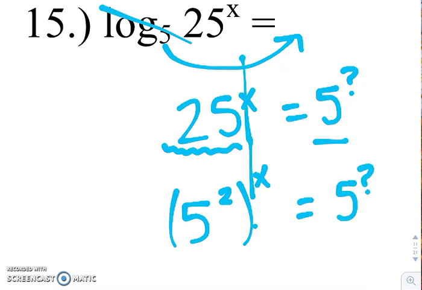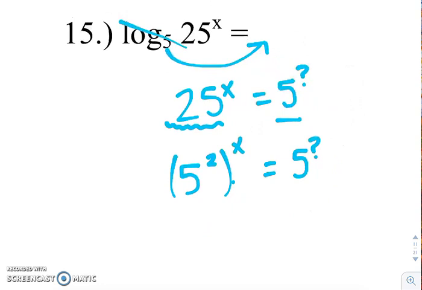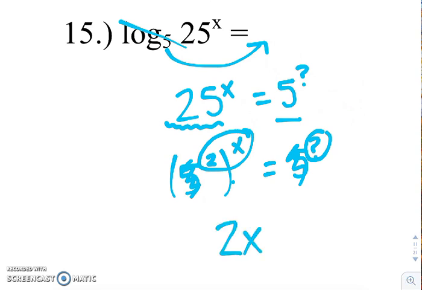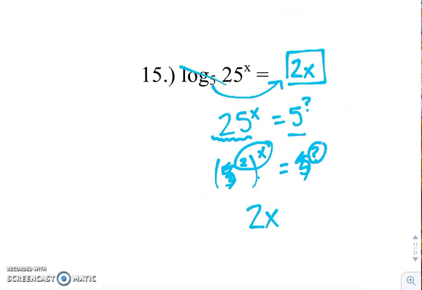So now, in order for these to be equal, we have our 5 and our 5, so this has to be equal to this. So 2 to the power of x means that whole expression equals 2x. So again, rewriting or manipulating things so that we can work with them.